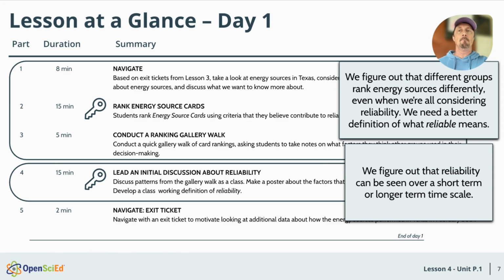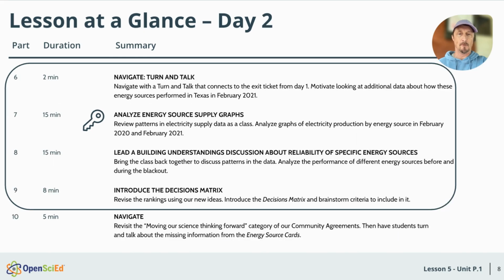Then, thinking more about reliability in the short term, we're wondering about how these different sources actually performed during the storm. So on day 2, we look at production data broken down by energy source, both during the storm and during a normal year, to see how different types of power plants actually performed.